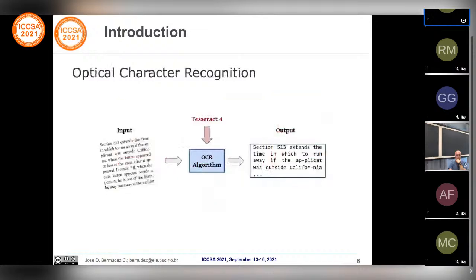So in the case of a block of text, we have this block of text as input, and we have the OCR algorithm that extracts the text present in this image and produces a digitalized version of the text contained in that image. In this case, Tornado uses Tesseract 4.